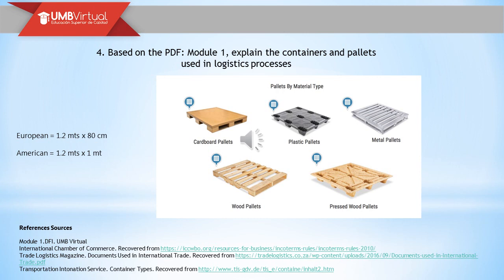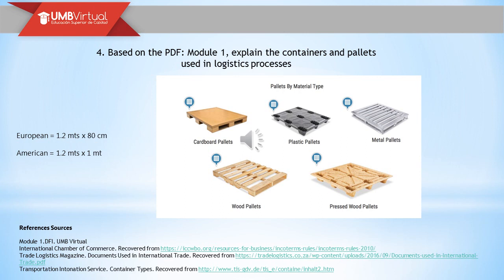Plastic pallets are good for transportation because they don't need treatment like wood. Metal pallets are stronger. Wood pallets are the most common ones, and the wood has to be treated for exportation. And the processed wood pallets are very light too. They are used for protection.